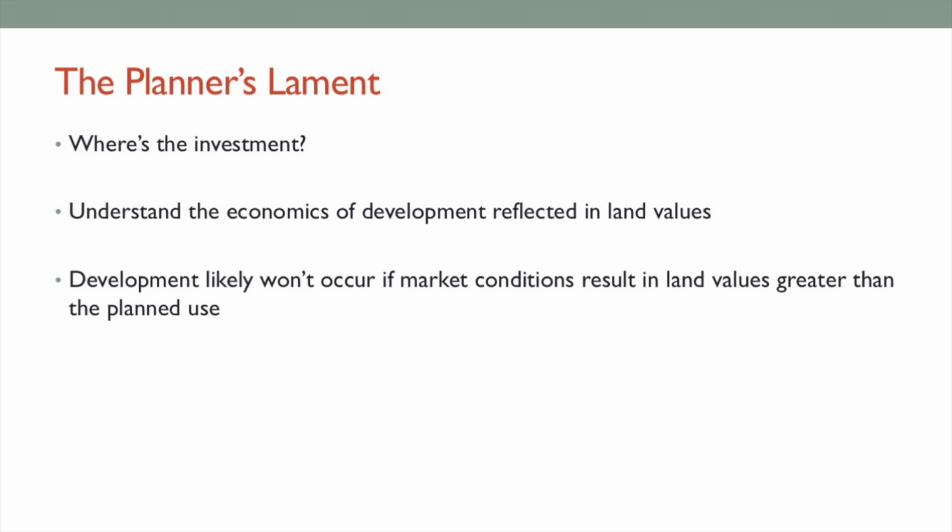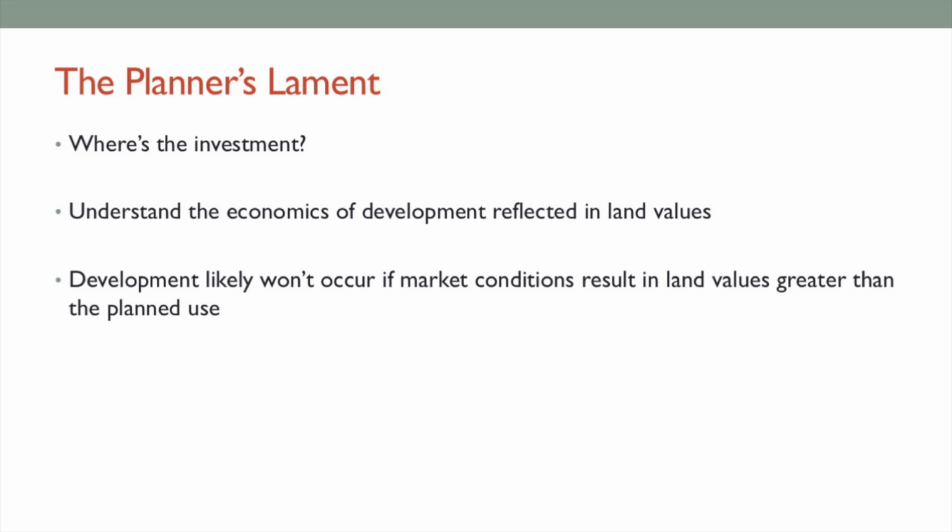For $30 a square foot, the developer is willing to invest. But what happens if the prevailing market at that point is $35 a square foot? They're not going to get that piece of land for $35 if they're only willing to pay $30. That needs to be taken into consideration when you look at policies and at encouraging certain types of investment.